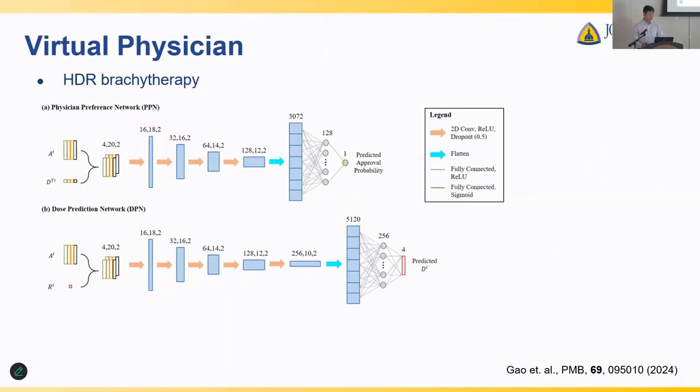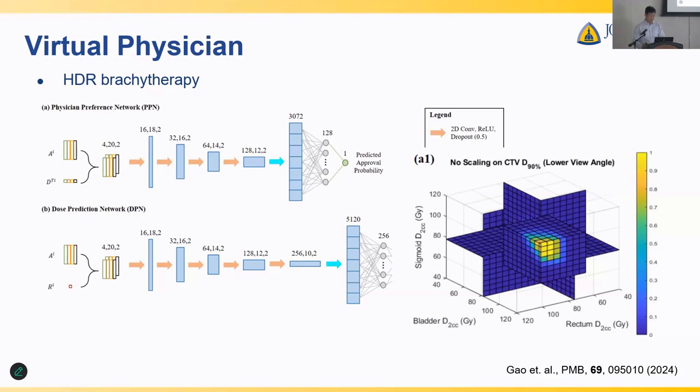And the same idea also applies to HDR brachytherapy. This is a subdomain of radiation therapy that uses radioactive materials instead of external beam radiation, but the concept is the same. More importantly, we can look at the feature domain: where are the probabilities of approval clustered? Only at a sweet spot do we see that the plan is approved by the physician.